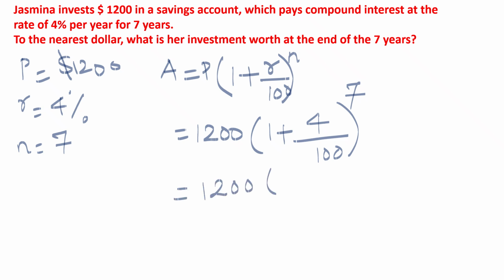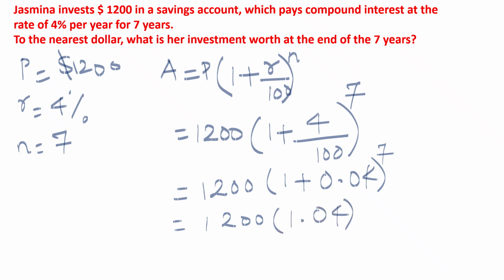1200 will be as it is. Now 4 divided by 100 you can write as 0.04, to the power 7. Now I add 1 plus 0.04, so it will be 1.04 to the power 7. Here you have to use a calculator to find out the value.